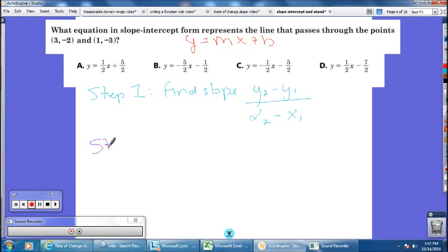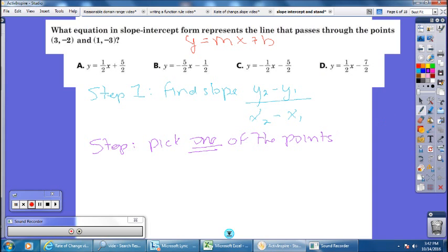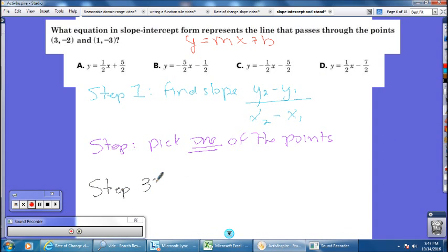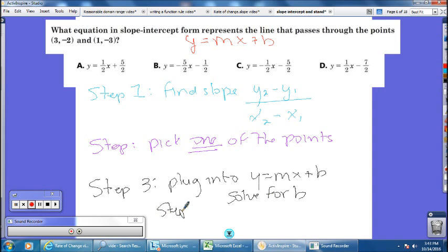Step 2, pick one of the points, and step 3, plug into y equals mx plus b. Okay, so I want you to write all of these down and solve for b. Solve for b should be step 4. There we go. Write those down.